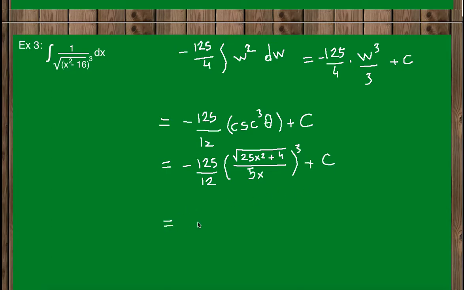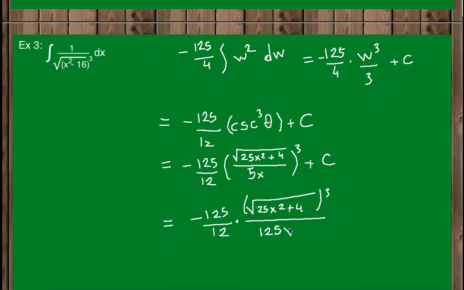Okay, let's clean up a little bit more. So 125 over 12 times 25x squared plus 4 cubed. 5x cubed is 5 cubed is 125, x cubed is x cubed, and they cancel out here.